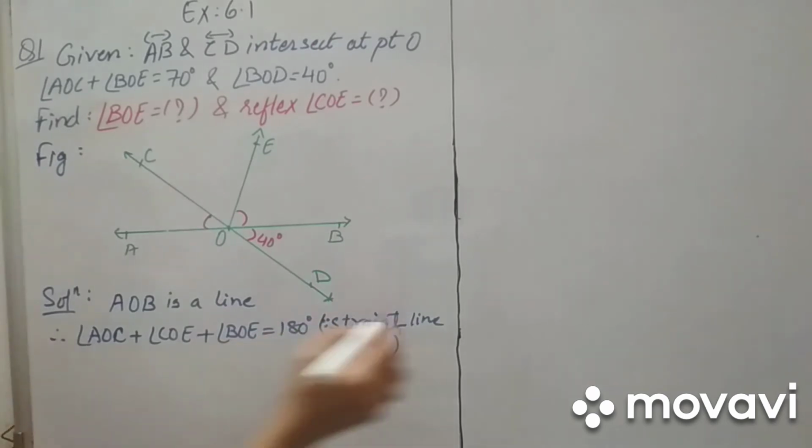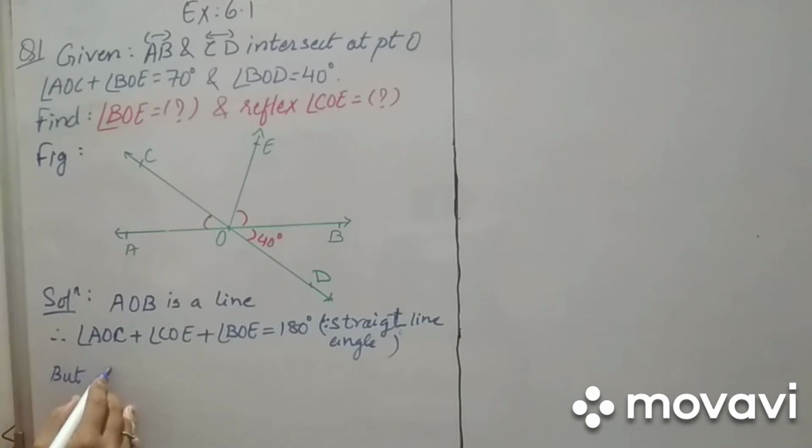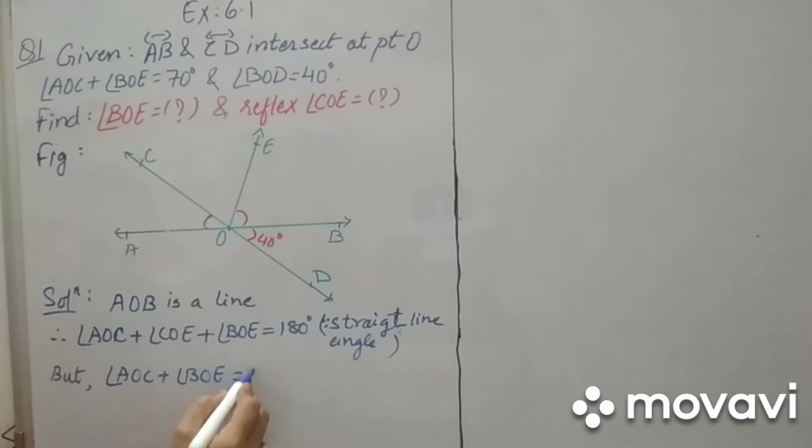But angle AOC plus angle BOE is equal to 70 degrees. Therefore, 1 becomes 70 plus angle COE is equal to 180 degrees.